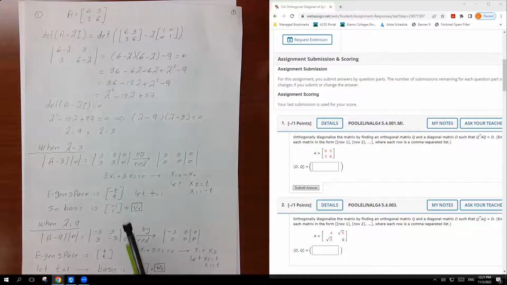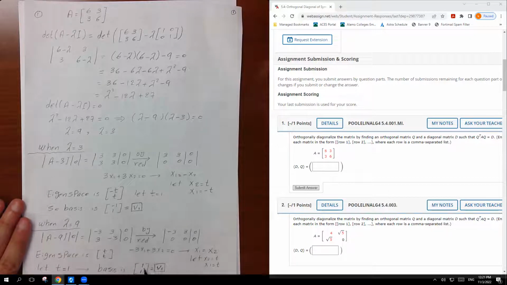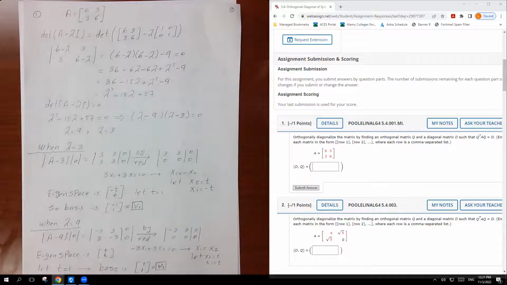That means when you find the dot product between v1 and v2, the result is supposed to be 0, which is negative 1 times 1, which is negative 1, plus 1 times 1. So negative 1 plus 1 is 0. If you want to check, v1 and v2 are supposed to be orthogonal. That means the dot product between v1 and v2 equals 0.